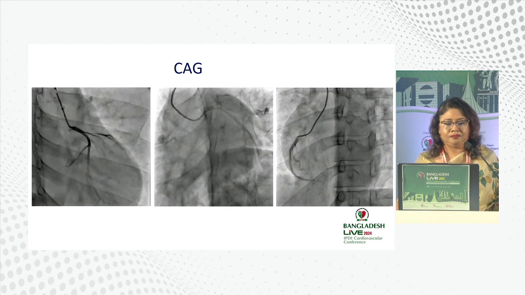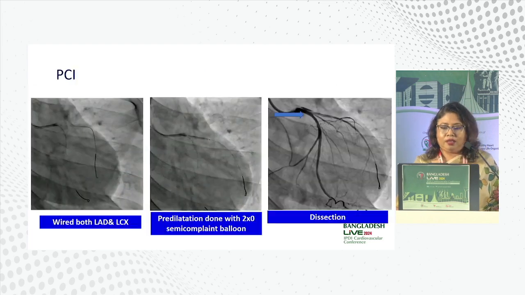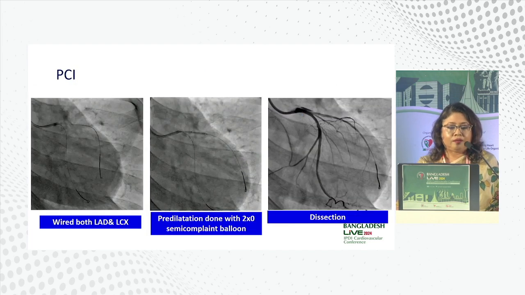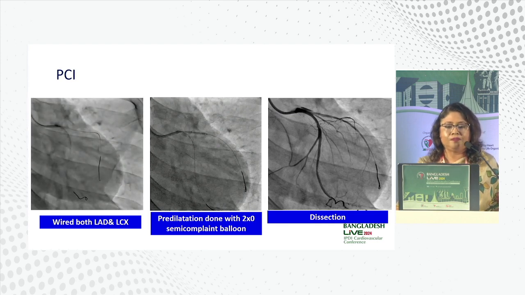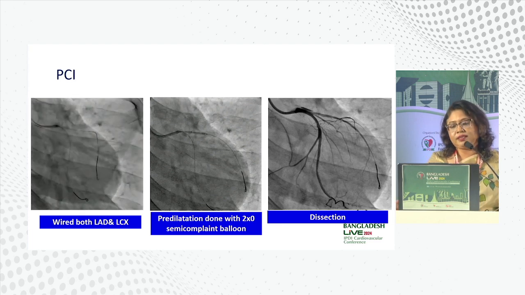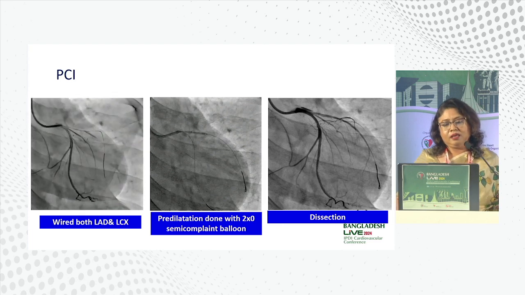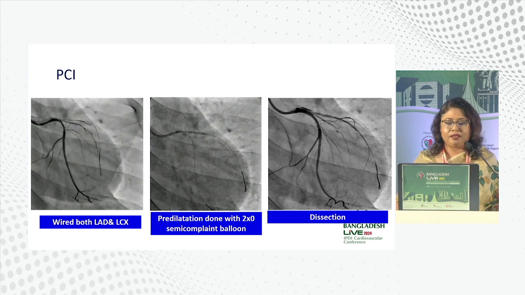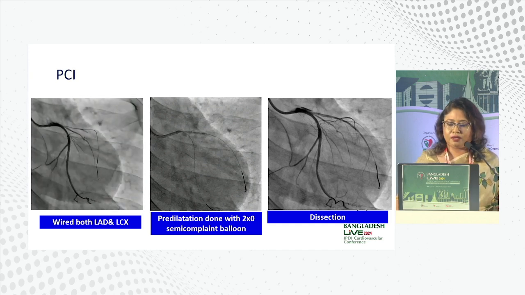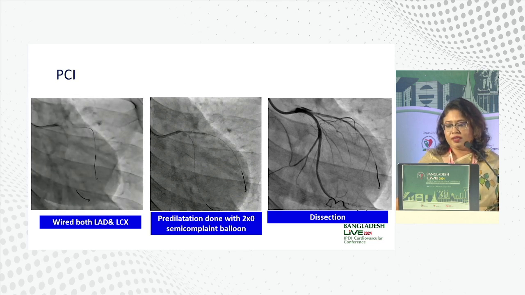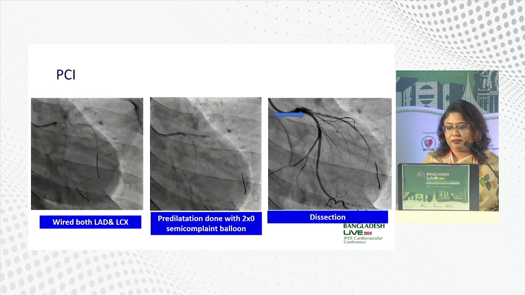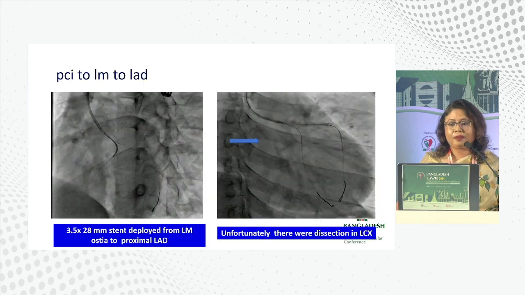Another case. There was a significant stenosis from ostioproximal LAD. We parked wires in both the LAD and LCX, and it was an ostial LAD. When we pre-dilated with a 10 millimeter semi-compliant balloon, there was dissection after that, as we can see in the LM.